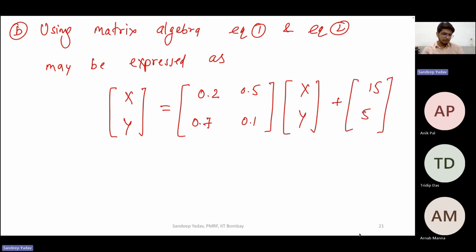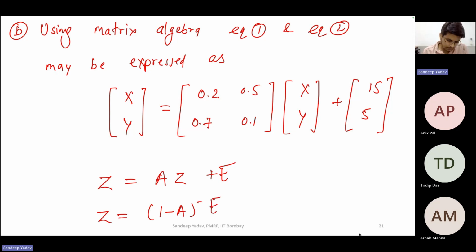This is what we have written in the matrix form. Or similarly, we can write it as Z equals A Z plus E. This is the same format. So we know Z is I minus A inverse E. That's a Leontief matrix.